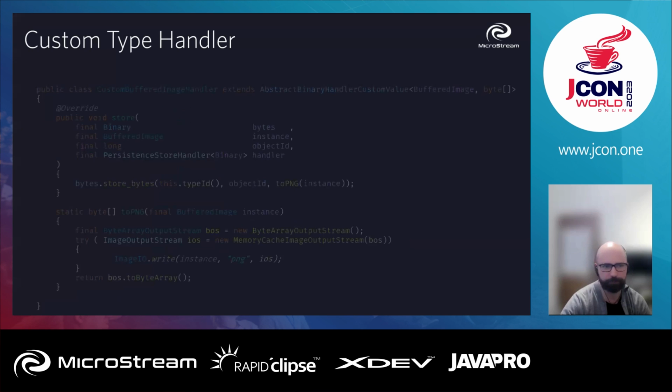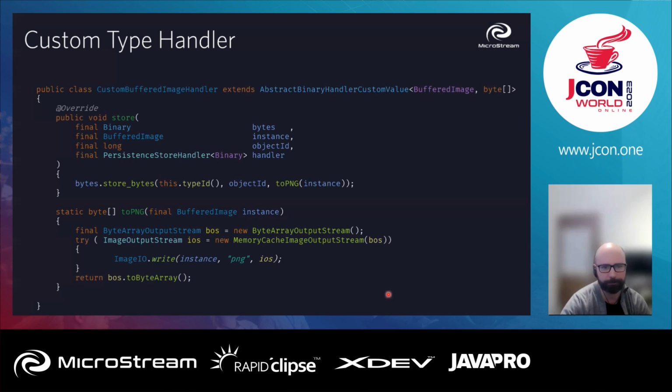A different way to do it would be a custom type handler. For, let's say, a type in the JDK, a buffered image, which contains image data of some sort, but we want to enforce that the binary representation should be PNG encoded.